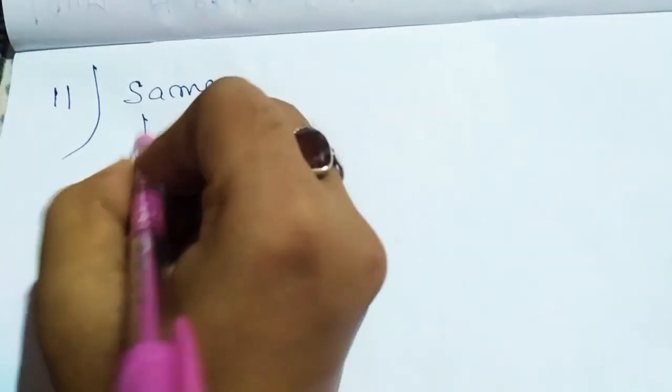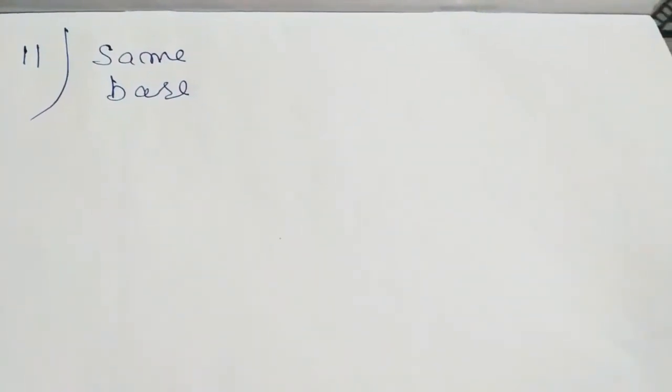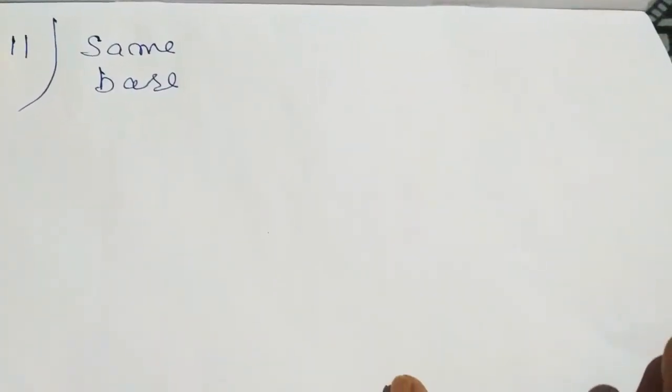Second rule is same base. In the first law, you had seen that both bases are combined with multiplication.